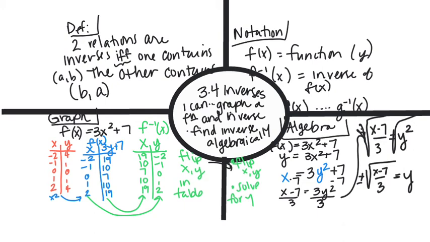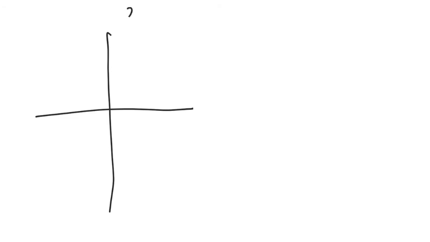Now, if you put this in a calculator and graphed it, let me get a new page here. If we put this in our calculator and graphed 3x squared plus 7, we would find that we have something kind of like this.